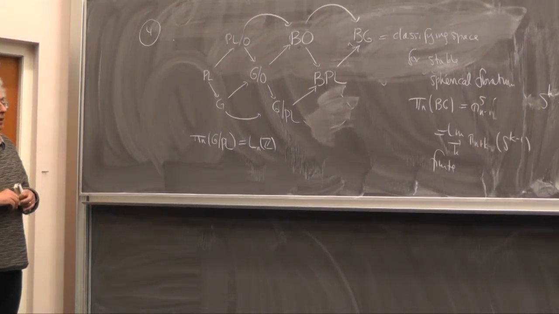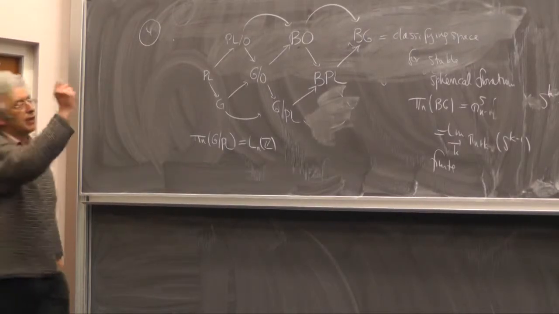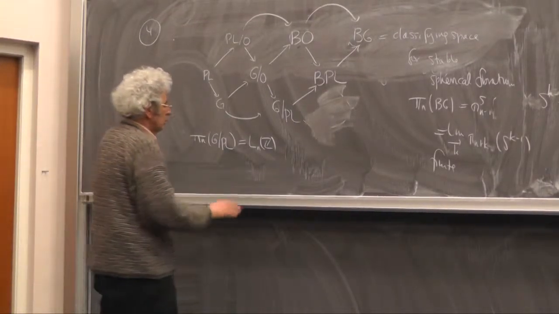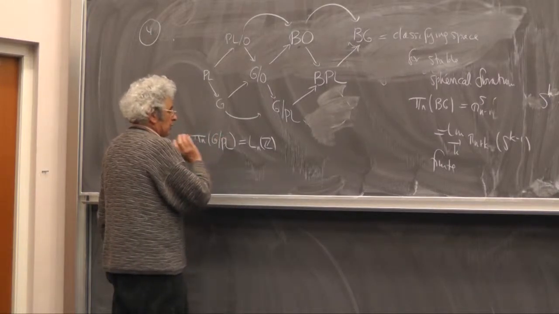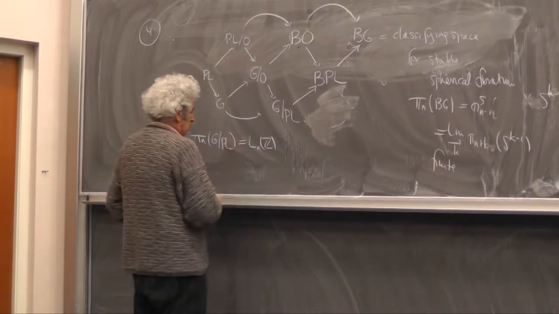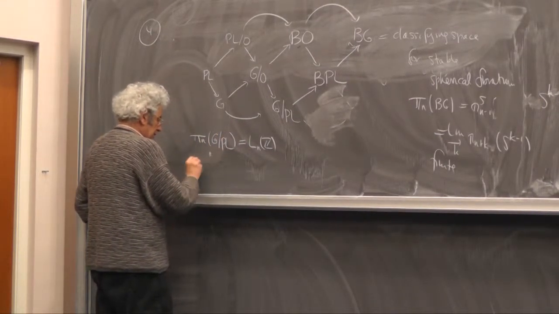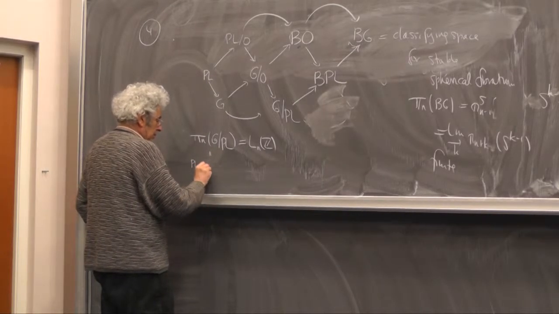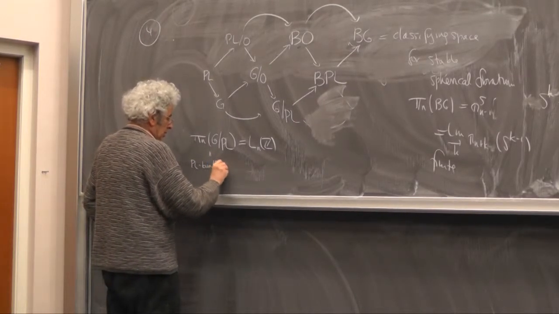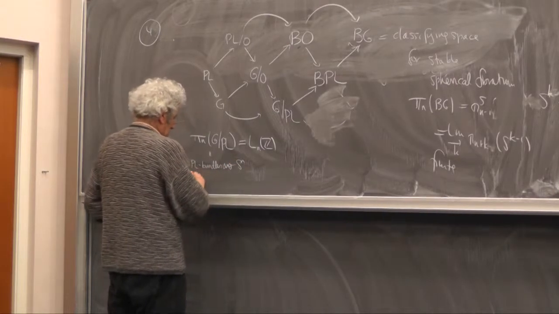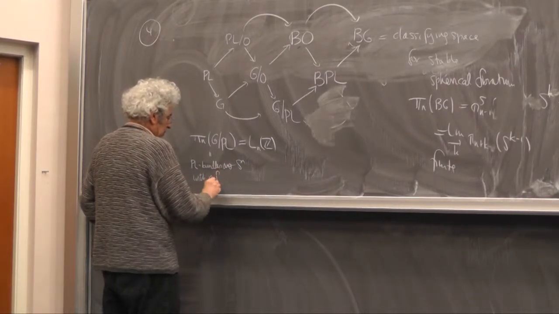So one of the big methods for classifying exotic spheres was to implicitly prove this, that if you look at PL, this classifies PL bundles over S^n with a fiber homotopy realization.